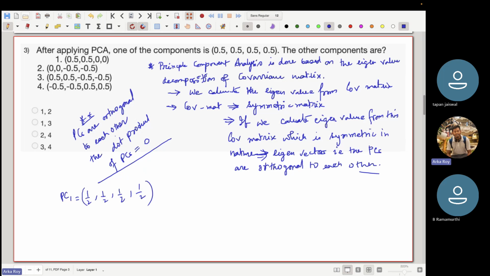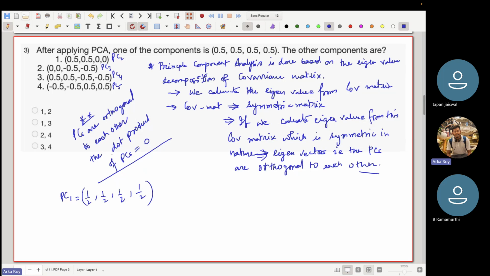As we just discussed, PCs should be orthogonal to each other. So that means, let's say this is PC2, PC3, PC4, and PC5. Now we have to see which of these four correspond to the other set of principal components.